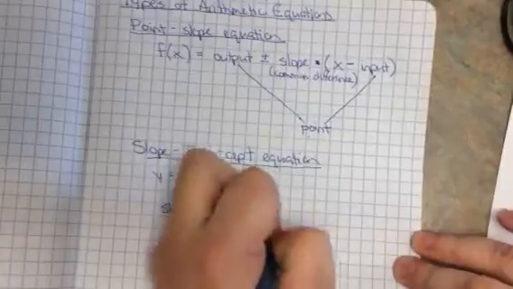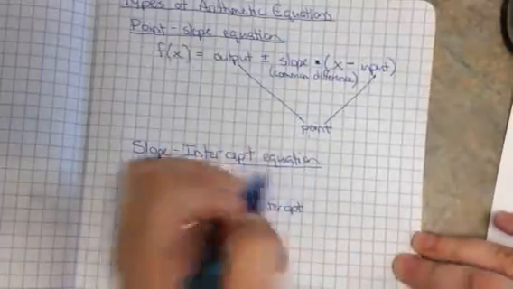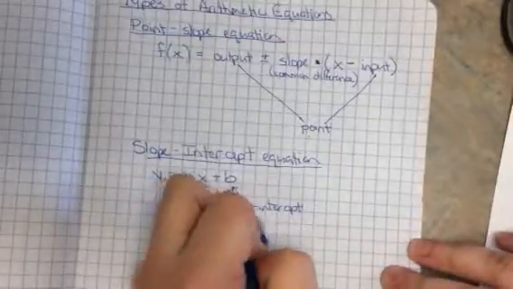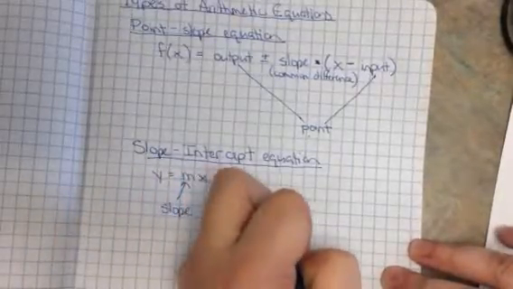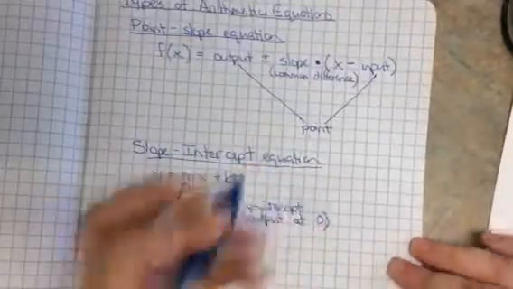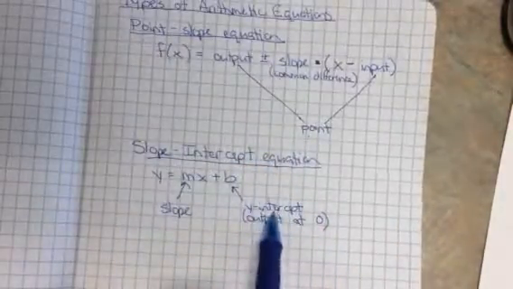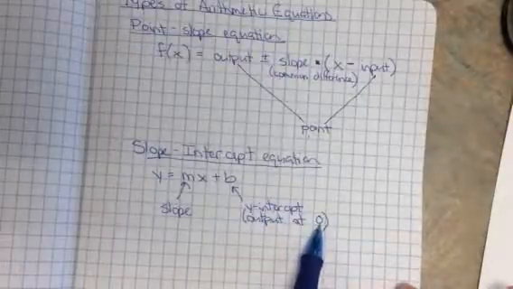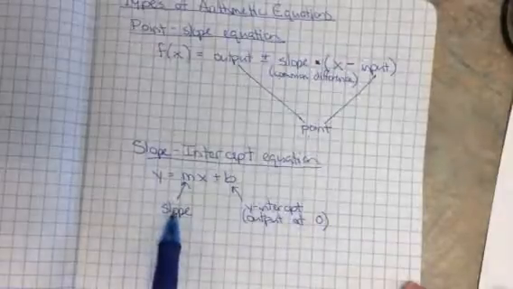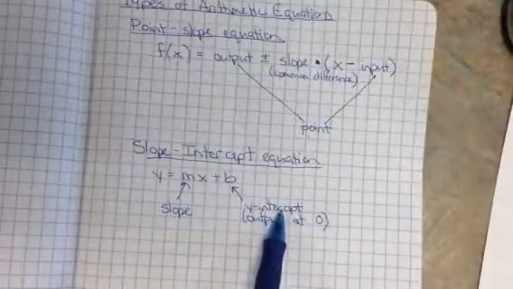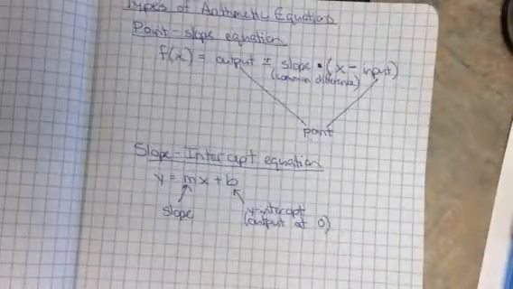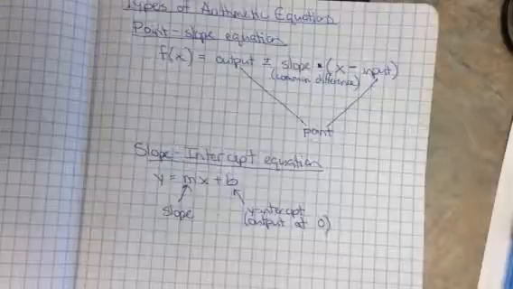So y-intercept, and then below that we'll put a little note that that actually is the output at 0, right? So if you're not looking at a table, or if you're not looking on a graph, it's just going to be whatever your output is at 0. Slope-intercept equation because of slope-intercept. So the names of both of these equations are based off of the pieces or the things that you're using to build the equation with, which makes it a little easier to remember the names and which one's which.